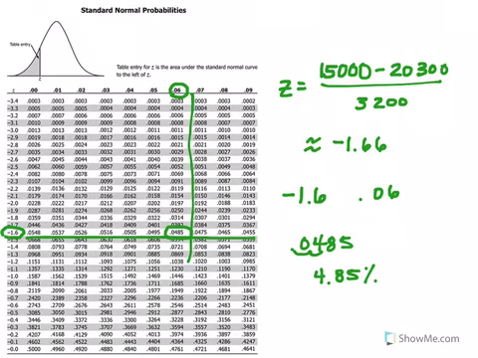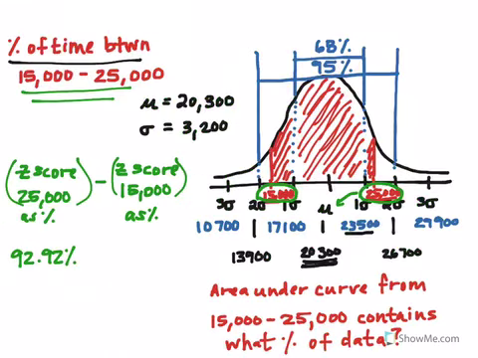So let's go ahead and go back. So we'll subtract out the 4.85%. So here we have 4.85%, meaning 4.85% is to the left of this. And then here at 25 is 92.92, which is below the curve. So in order to get the in-between, we subtract the difference, right?